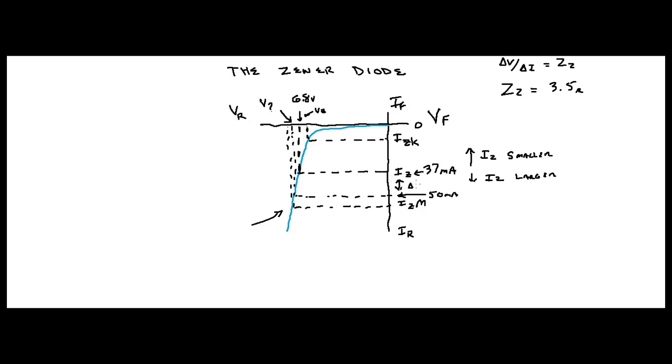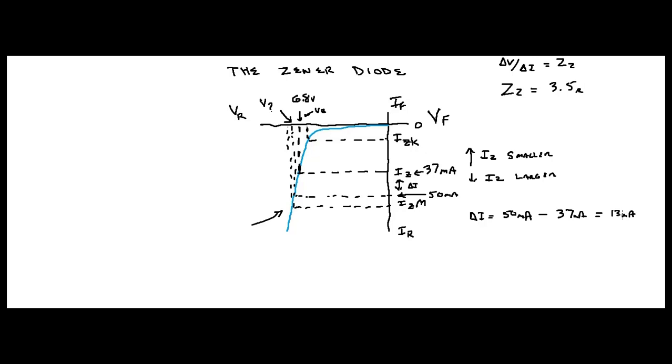Delta I is going to equal 50 milliamps minus 37 milliamps, which is going to equal 13 milliamps. That should make sense. We have a 13 milliamp difference in current.